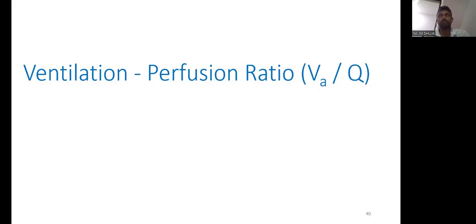Whenever you hear the term, ventilation is air, perfusion is blood. So you are going to look at the ratio between the amount of air and the amount of blood in that particular part of the lung. That's it.